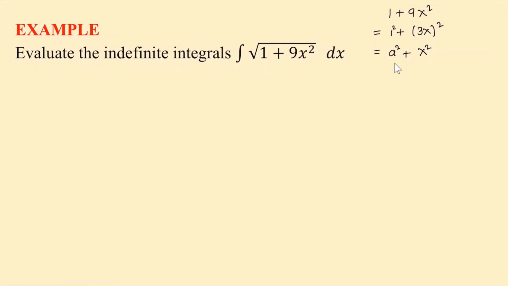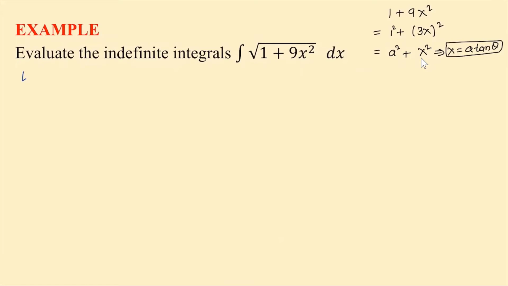Whenever we have an integral in the form a squared plus x squared, we make the substitution x equals a tangent theta. So we are going to begin with x equals a tangent theta.